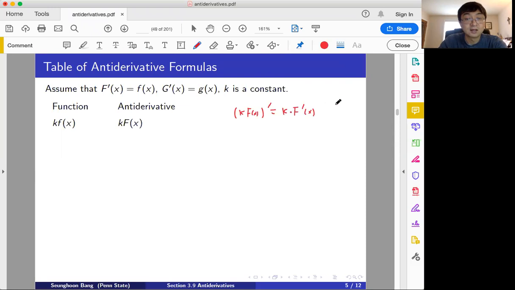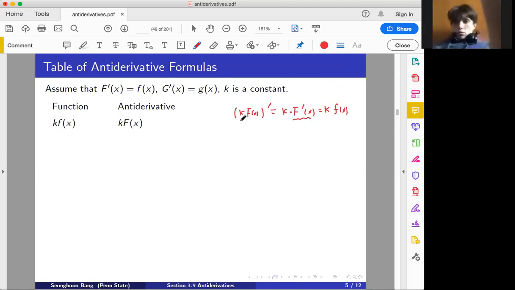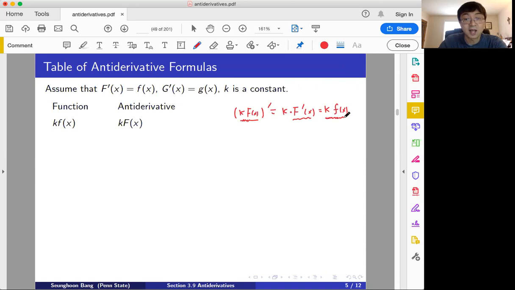This is exactly k times little f of x. So k times capital F of x is an antiderivative of k times little f of x. This is the whole idea. For f of x plus or minus g of x, the antiderivative is capital F of x plus or minus capital G of x.